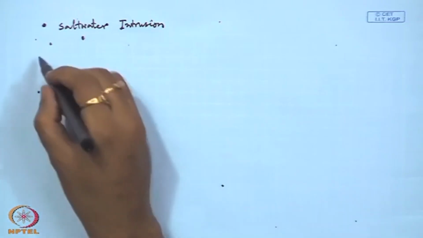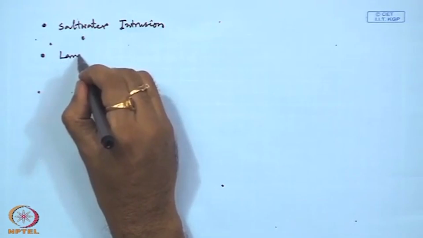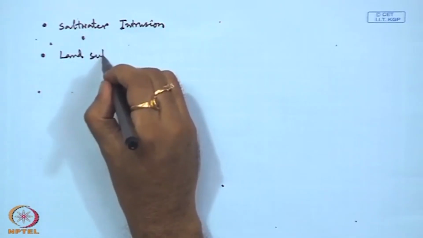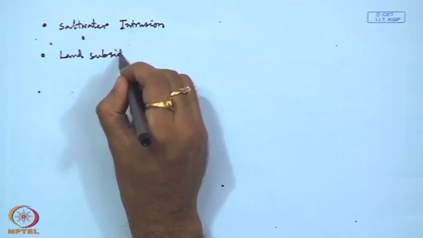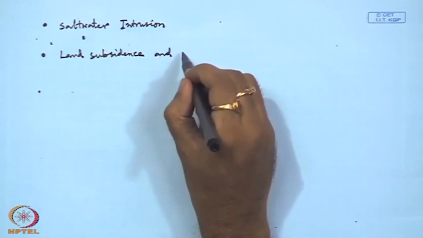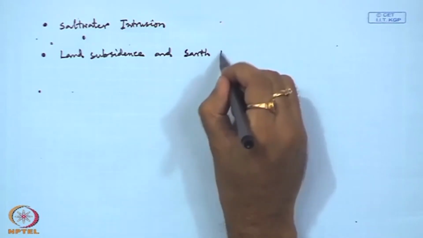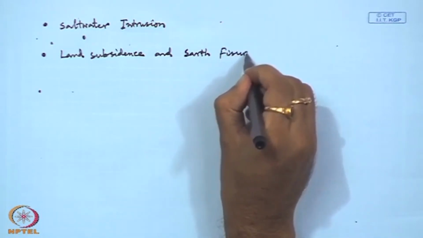And the fourth scenario or fourth important point is land subsidence and earth fissures.